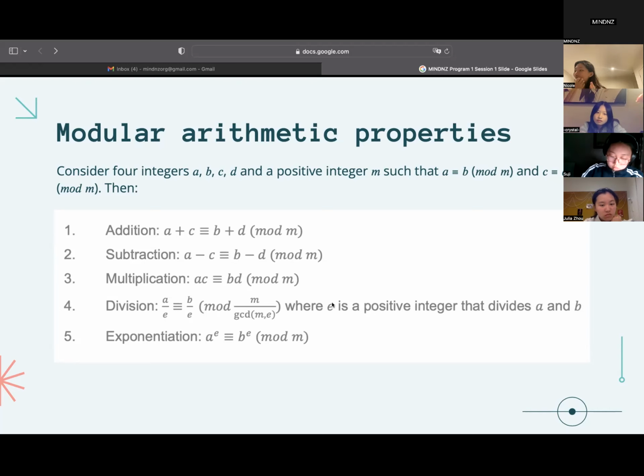Let me explain this a bit more. This is going back to the initial slide, when we were trying to find the remainder, but there's also a bit more to it, which I will explain now.